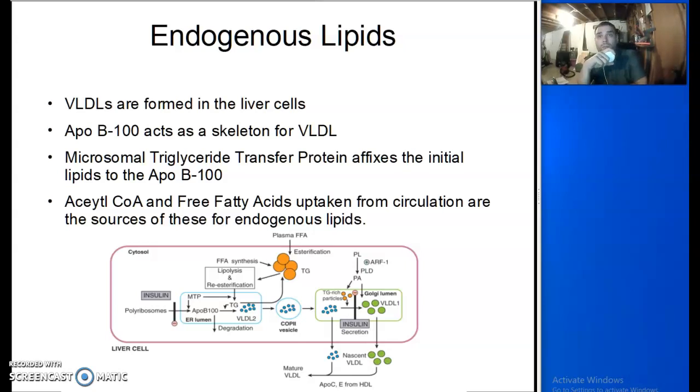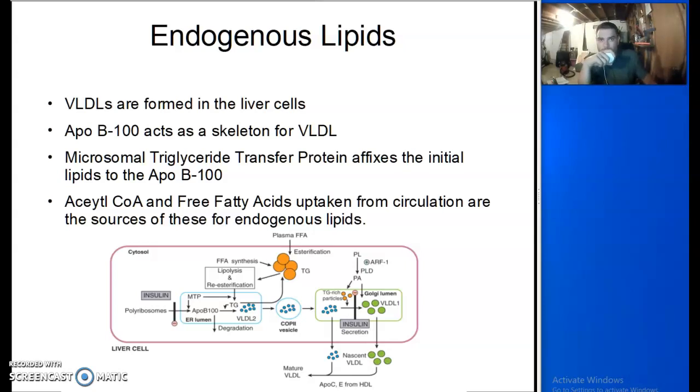These lipids are found from either endogenous sources, meaning they're created from the acetyl-CoA, or the free fatty acids, which are taken from circulation. First, we're going to take a look at how our fatty acids are synthesized, and they move into the ER lumen.